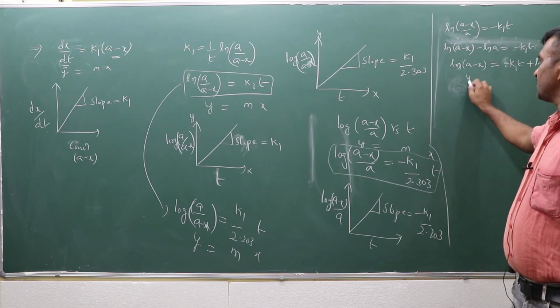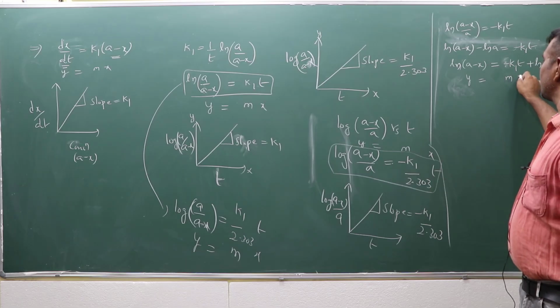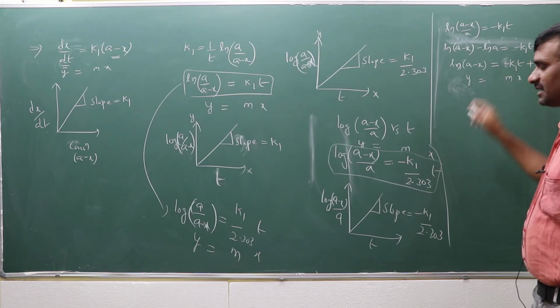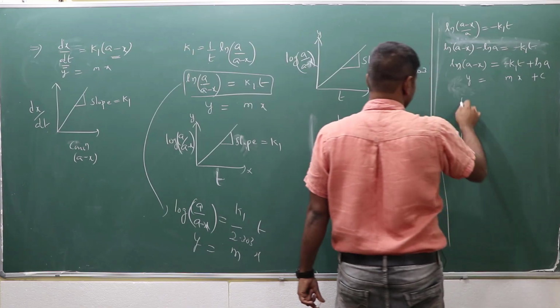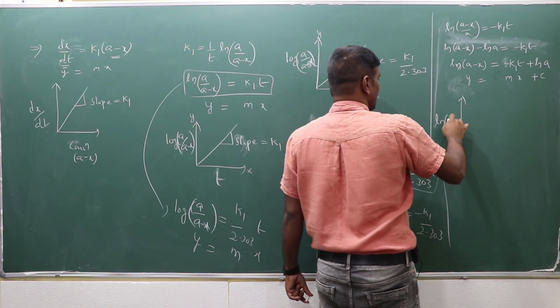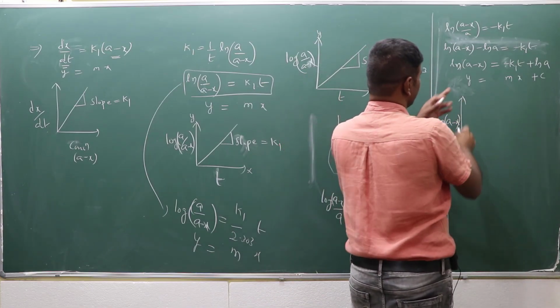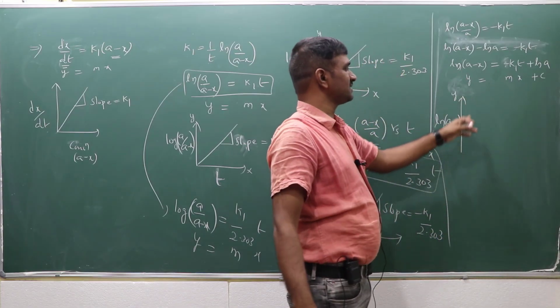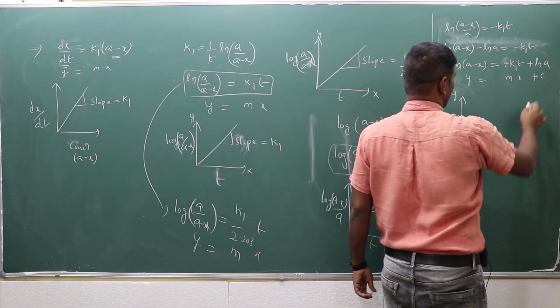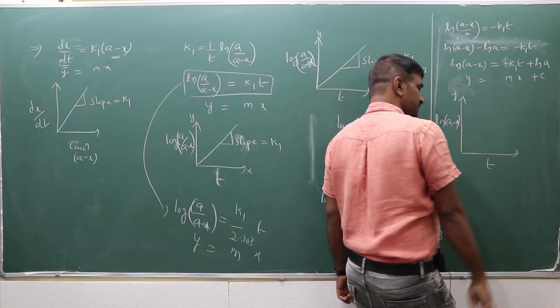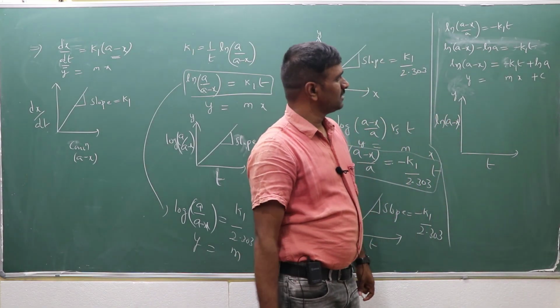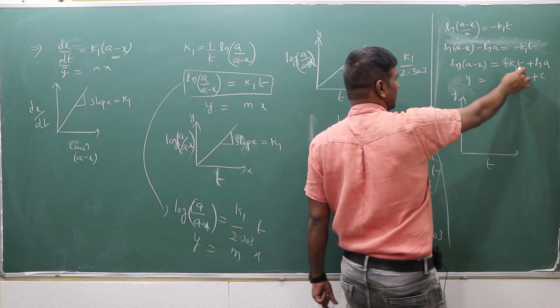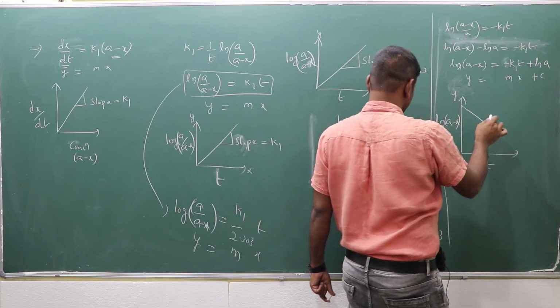Suppose the plot is y equals mx plus c type: the plot between ln a minus x on the y axis and time t. How to show that? Here some negative slope will be there.